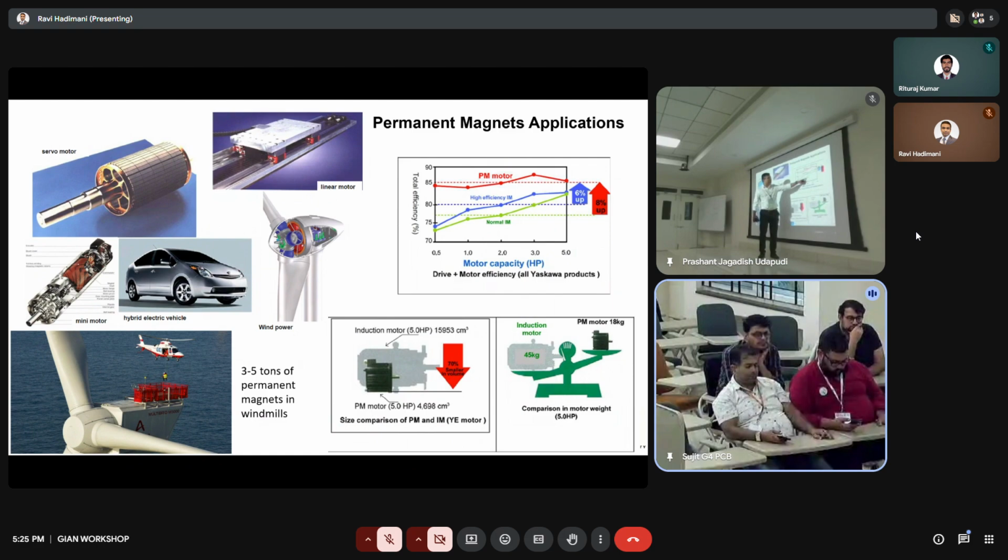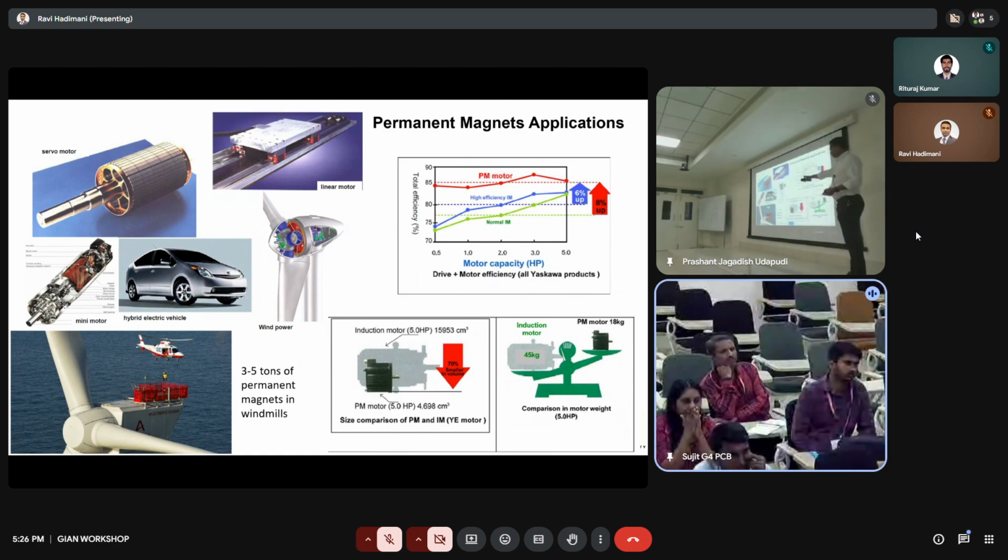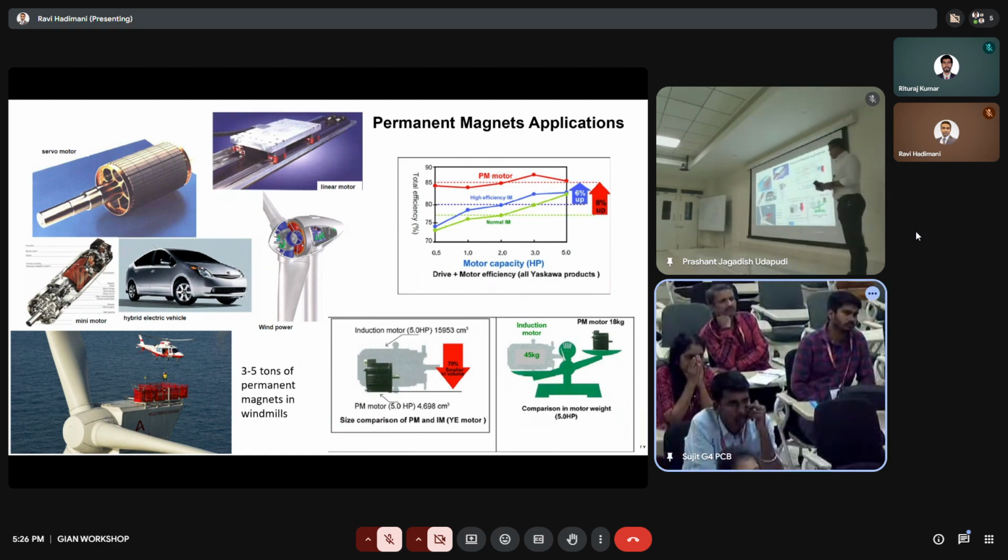This is a normal induction motor. And when you do a lot of research in terms of finite element analysis and optimize, you get high efficiency induction motors. Induction motors use soft magnets, okay? So soft magnet motor has the best efficiency after all the research, whereas permanent magnet motor has such high efficiency just because of how the motor is structured.